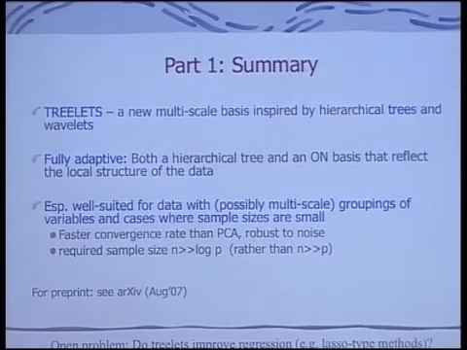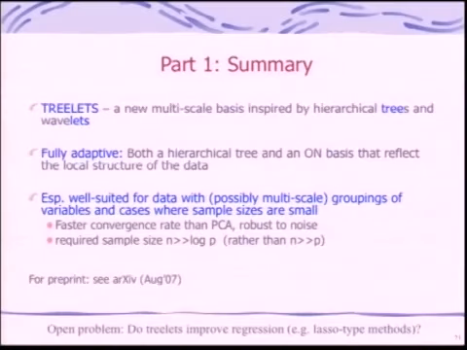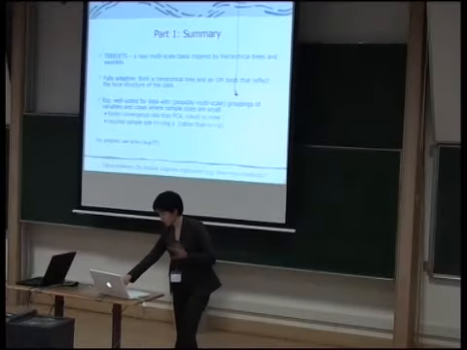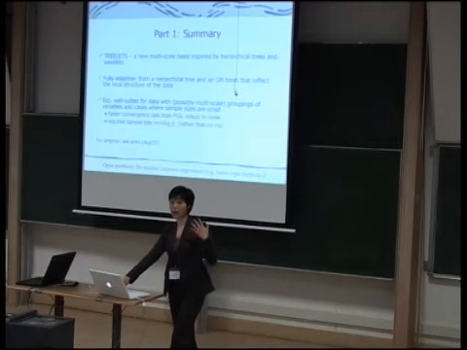Now, an interesting question for this workshop is whether treelets can improve regression, especially lasso-type methods that don't perform so well when there's collinearity. So the question then is, what if we change the basis and use treelets first? Does that improve the performance of regression? But I'm going to switch gears now and instead ask, what if you have nonlinear structure?